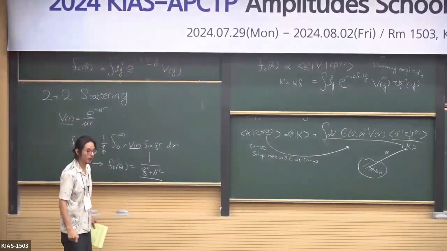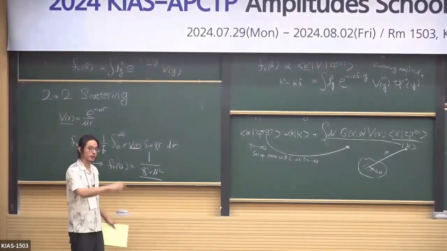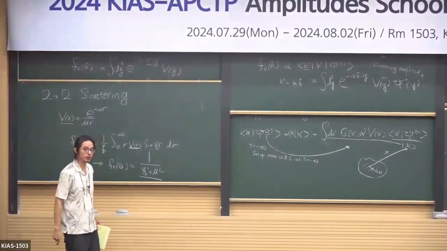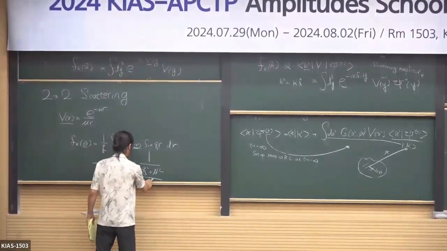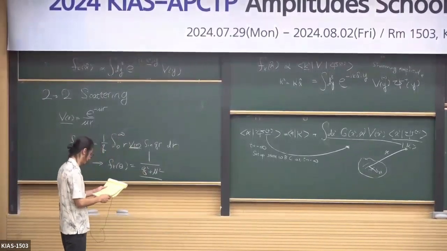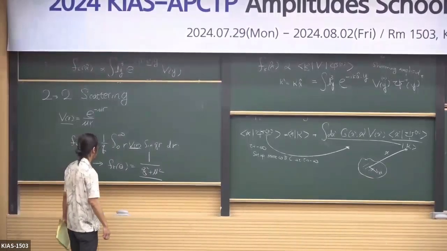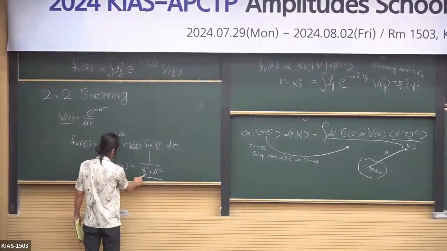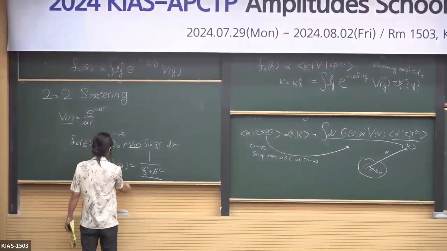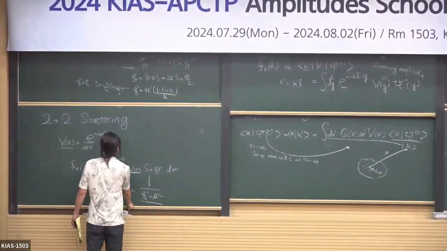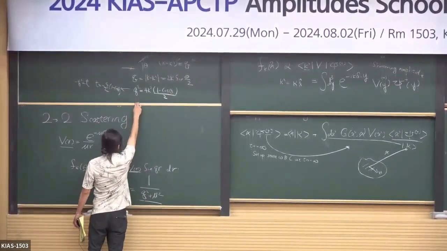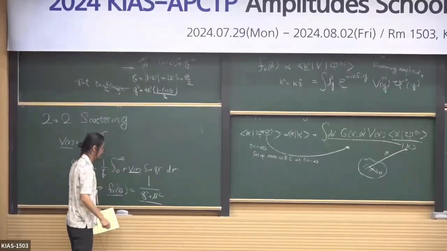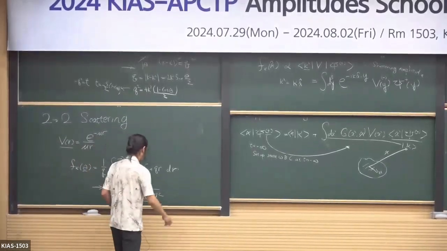This is just the Yukawa coupling, exchanging a scalar field between two external states. The theta dependence is in this q squared, because we see that q squared is going to depend on your scattering angle. Okay, so this is a very simple example.